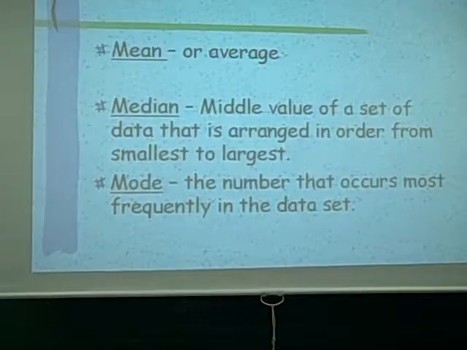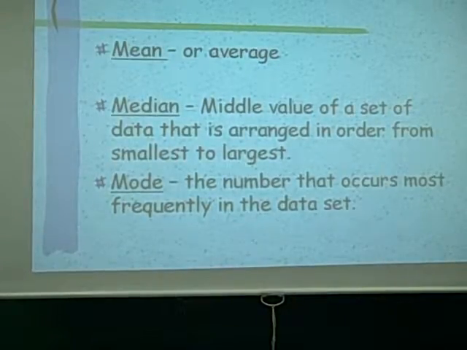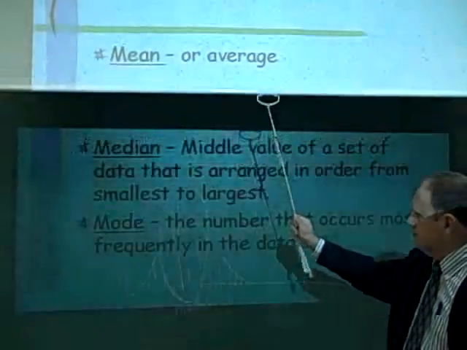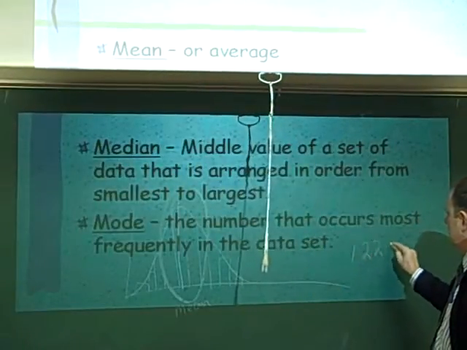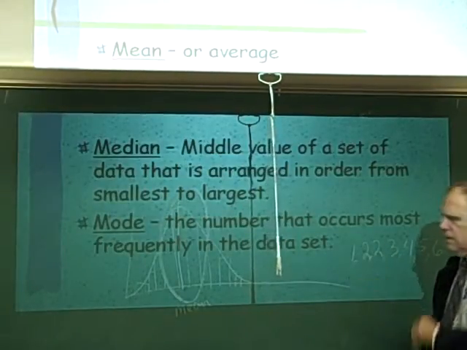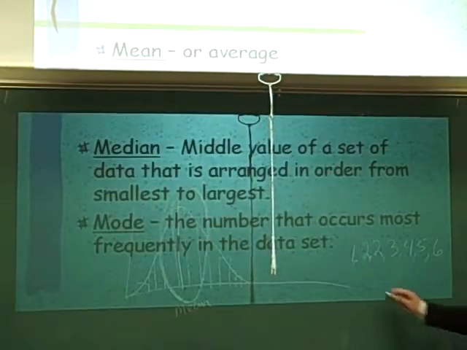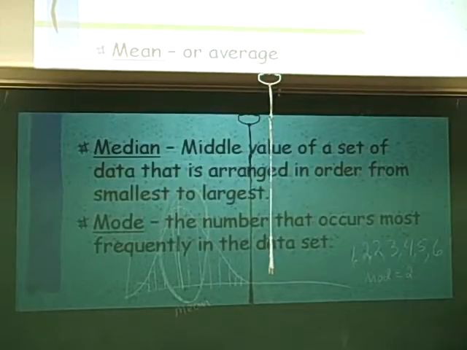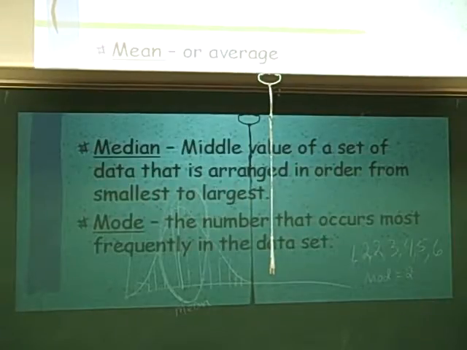The mode is the number that occurs most frequently. So if you have, for example, 1, 2, 2, 3, 4, 5, 6, we can say that our mode here is 2, because 2 happens more frequently than anything else.